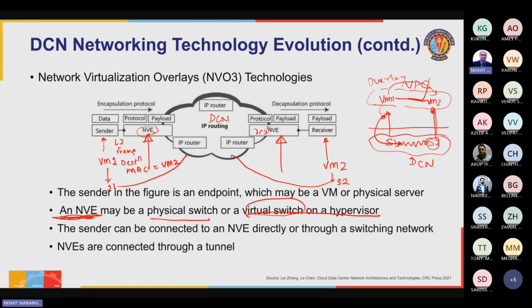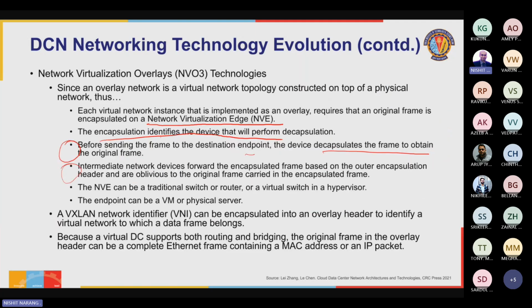Yeah, so it allows you to carry an overlay network packet frame following any protocol over an underlay network. Okay. So that's what NVO3 technology is. So as I said, in general, this concept of NVO3 can be used anywhere. The NVE function can be implemented in a physical traditional switch or a router, or in a virtualized network in a vSwitch inside of the hypervisor.